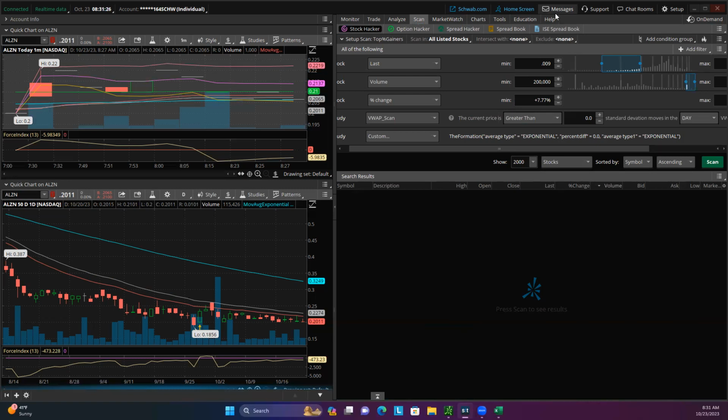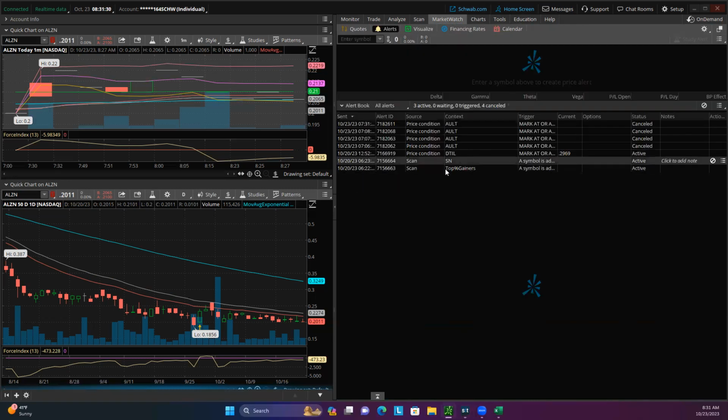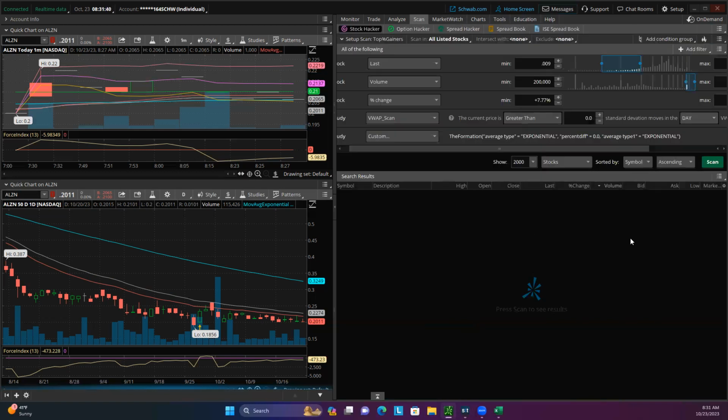And then I also have alerts, and I just remembered I didn't mention that. Right here, it will alert me when a new symbol is added to the top percent gainers, and it'll pop in this messages box here and also populate on the messages box on my phone.